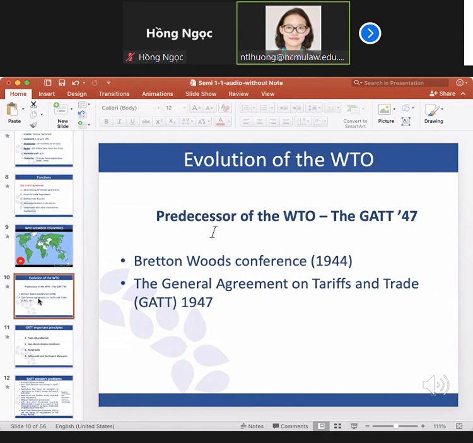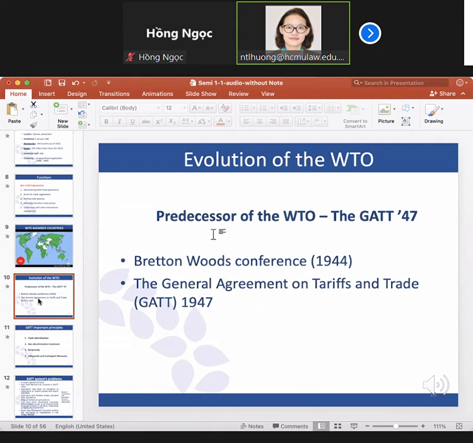This conference was held in Bretton Woods, New Hampshire, and it is considered the starting point for a new order of the world economy. In this conference, these countries suggested and prepared three cornerstone organizations to cooperate and to encourage free trade around the world.